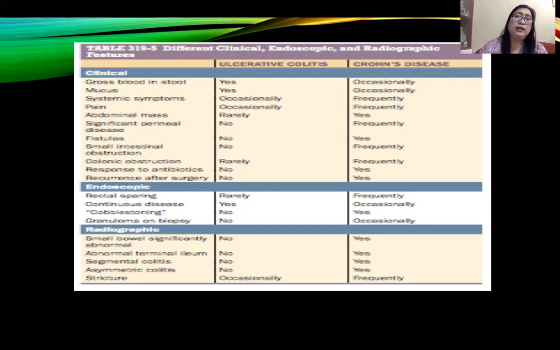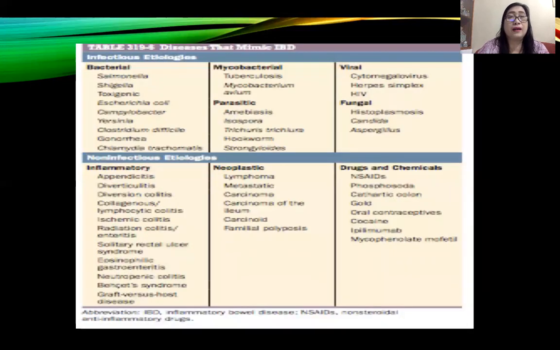And usually, the difference between ulcerative colitis and Crohn's disease is asked in the board exam. Okay. What are the differential diagnoses, or diseases that may mimic your IBDs or inflammatory bowel disease? So these are the infectious and the non-infectious differential diagnoses. You just go over them.